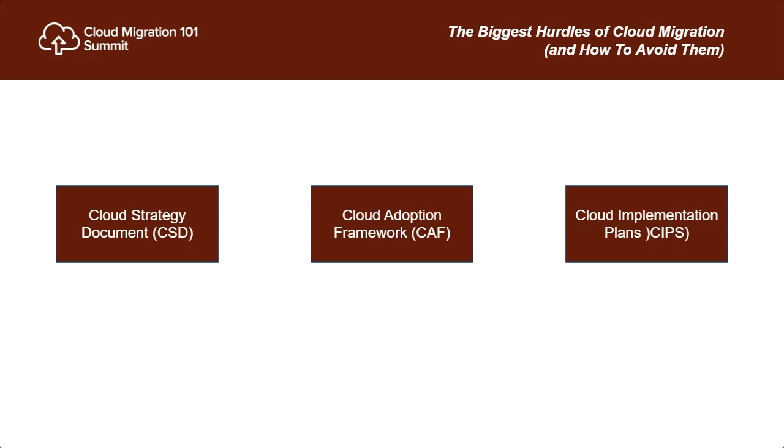Every team is doing their homework in a specific task of the cloud adoption framework. And when everything comes together, you have your executive sponsor and your business drivers in the cloud strategy document. You've got your roadmap in the cloud adoption framework. And then finally, you have the actual implementation plans in your SIPs. All three of those reduce the hurdle of cloud migration significantly.